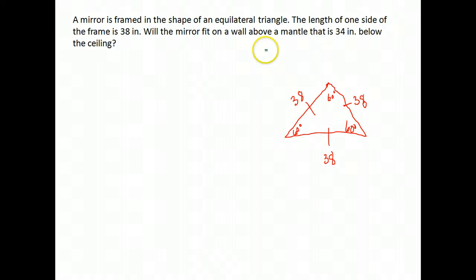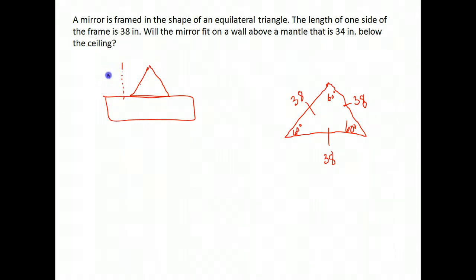It says, will the mirror fit on a wall above a mantel that's 34 inches below the ceiling? Okay, so they're saying you have a mantel right here and you want to put the clock on top of it. Okay, but the distance here is 34 inches before you hit the ceiling.